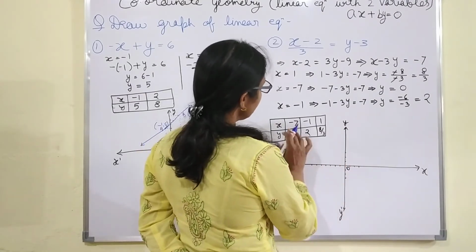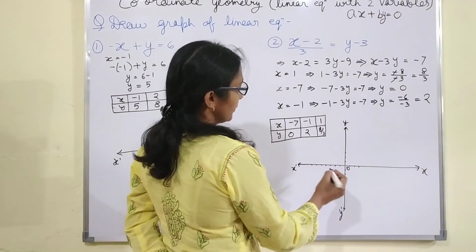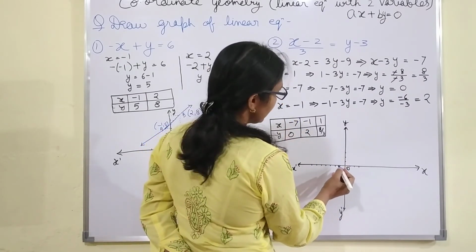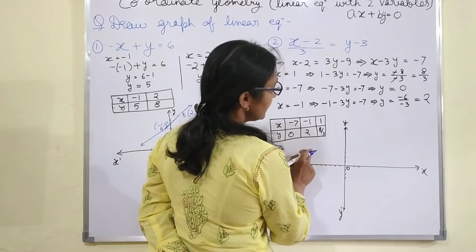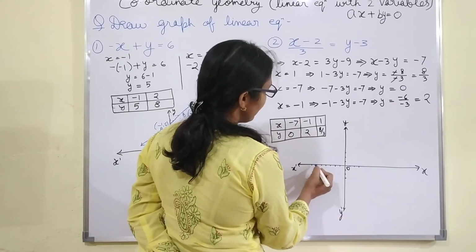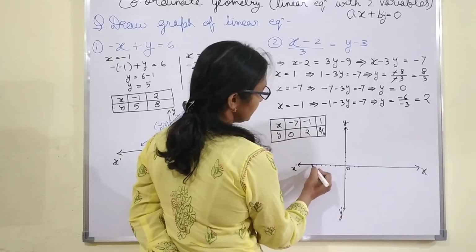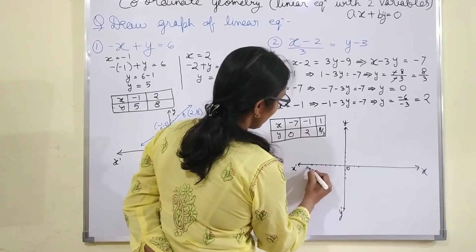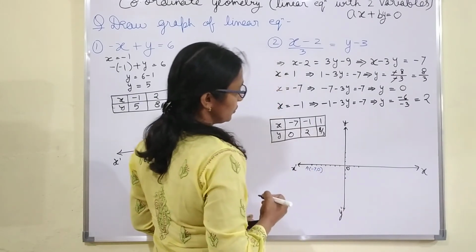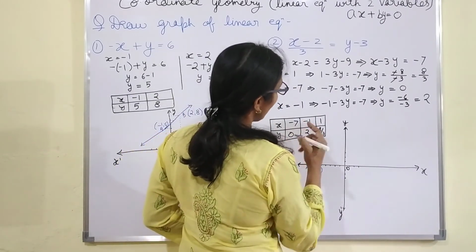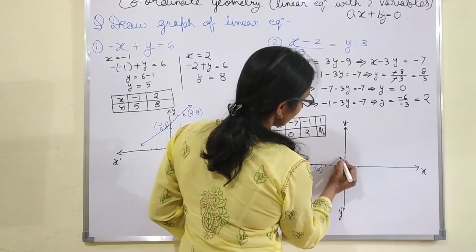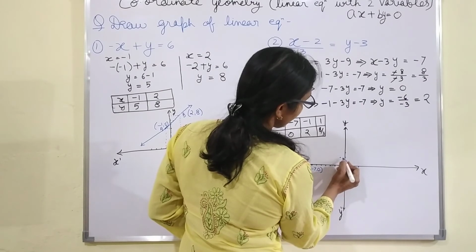Now we will draw these values in the graph. Okay. So first coordinate will be minus 7 and 0. Minus 7 and 0 will fall on the negative x-axis. 1, 2, 3, 4, 5, 6, 7, and value of y is 0, so it will come here. So we got point A, and value is minus 7 and 0. Now second value is minus 1 and 2. Minus 1 and 2. So here.